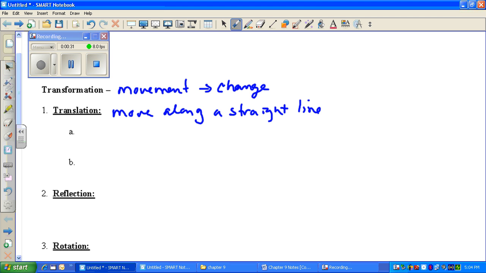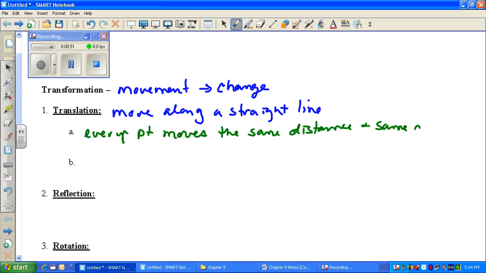Now, what happens here is every point in the object moves the same distance, and the same direction.